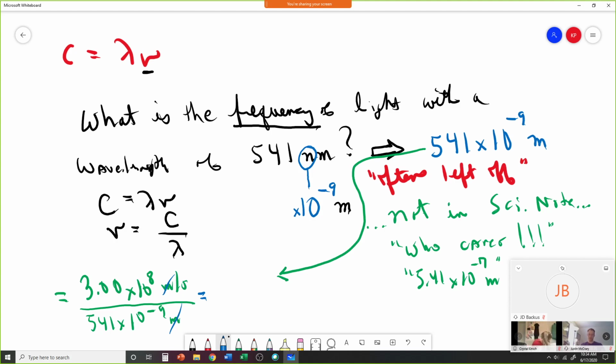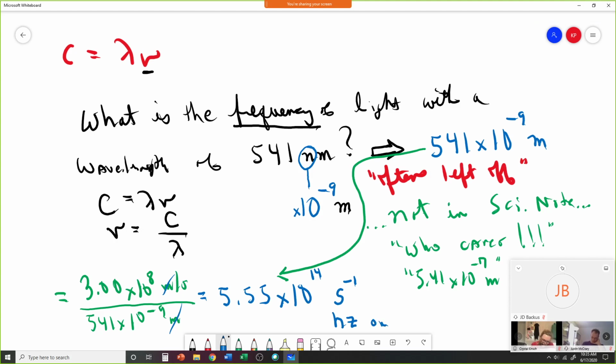And I take this and I put this in my calculator. It should be around 10 to the 15th, somewhere around there. It's a big number. 3 times 10 to the 8th divided by 541 times 10 to the minus ninth, and I get 5.55, 3 sig figs, times 10 to the 14th, and that is per second, or we could say hertz, Hz.